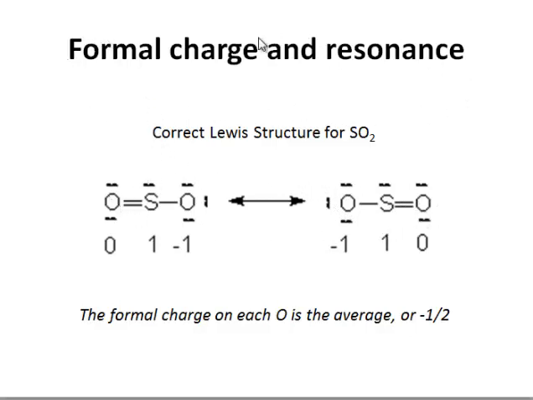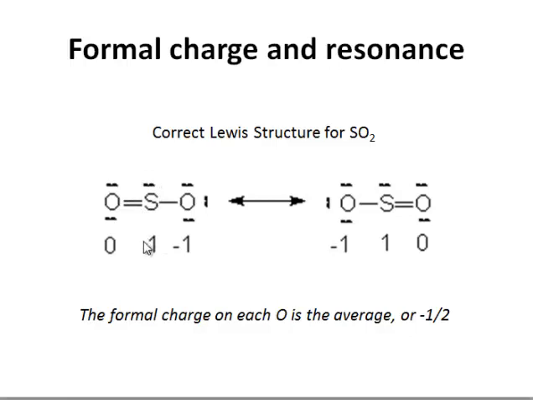Alright, if you assign formal charges to all the atoms in, say, the Lewis structure on the left, this oxygen has 6 minus 2 minus 4, or a formal charge of 0. Sulfur has 6 minus 3 minus 2, or 1.